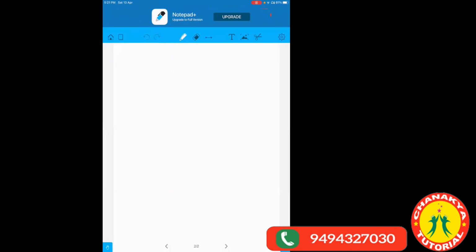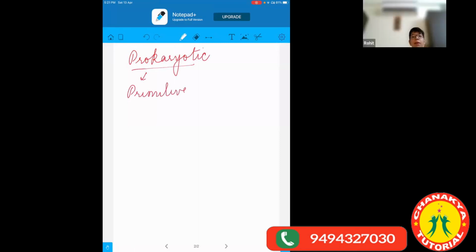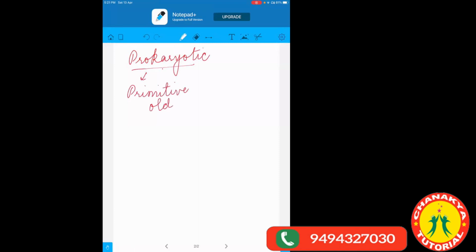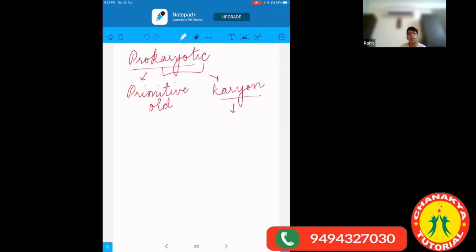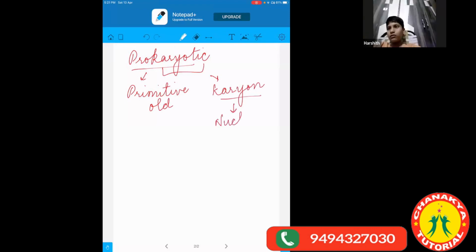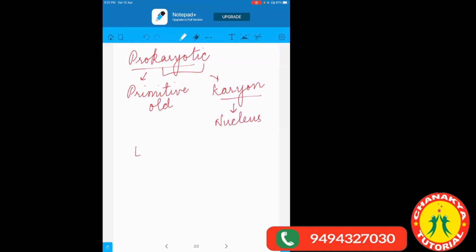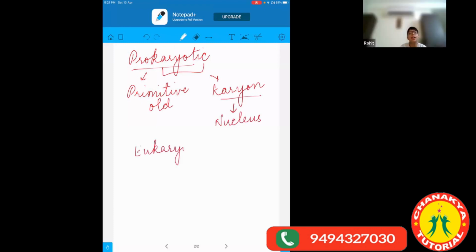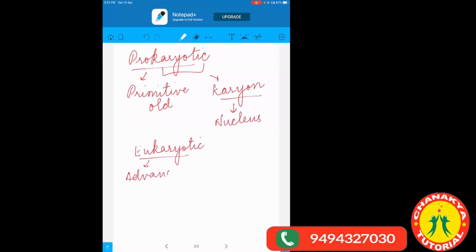As I've already told you, in the word prokaryotic, pro means primitive or old, and karyotic is derived from the word karyon, which means nucleus. Whereas in eukaryotic, eu means advanced or new, and karyon again means nucleus.